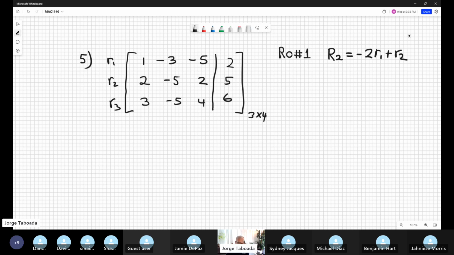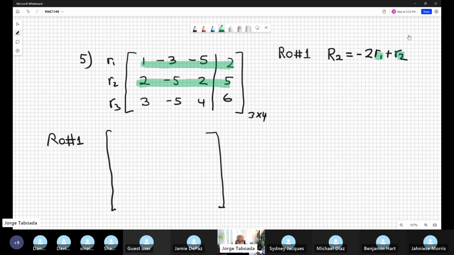Okay, suppose we are doing row operation number 1 on the original matrix. Si, I do this row operation number 1, es obvio that the rows that participate in the game are row 1 and row 2, because the formula indicates row 1 and row 2.